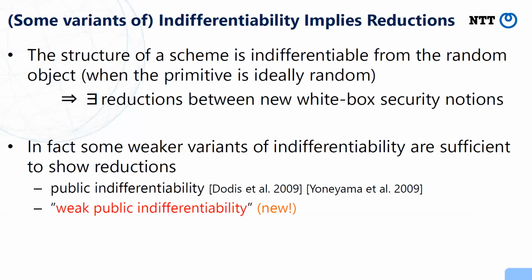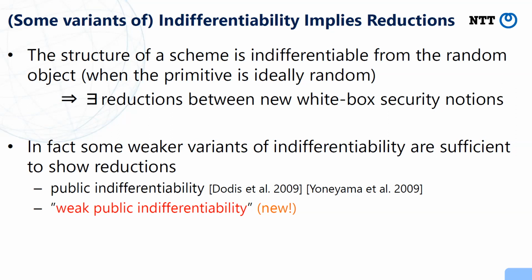But here in our paper, we showed that some variants of indifferentiability imply reductions between our new security notions. For instance, if the structure of a scheme is indifferentiable from the random object, then we can say that there exists a security reduction between new white box notions. In fact, some weaker variants of indifferentiability are sufficient to show reductions. For instance, if we can show only public indifferentiability instead of the original indifferentiability, it is also sufficient to show reductions between white box security notions.